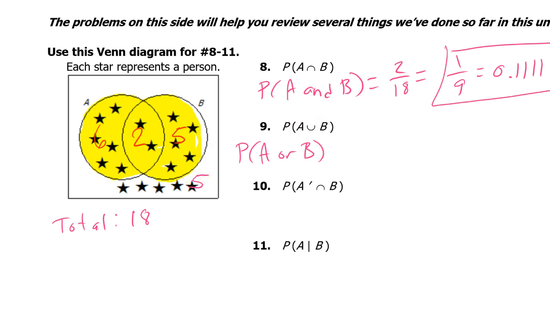So if I want the probability of this, I'm not just going to say the number. I'm going to do target over total. So far, that's 11, 12, 13. So what I've shaded is 13 out of a total of 18.